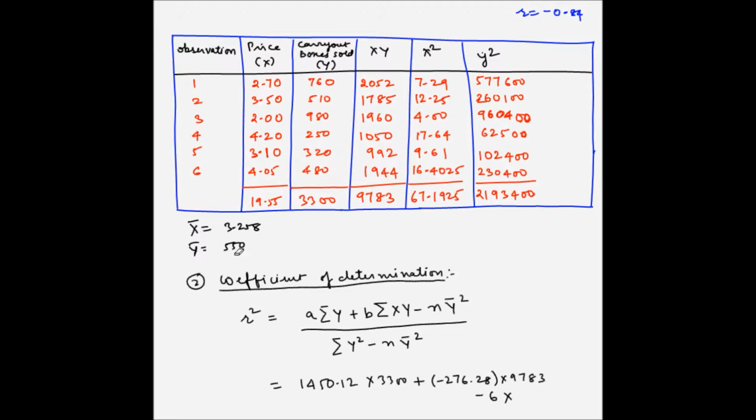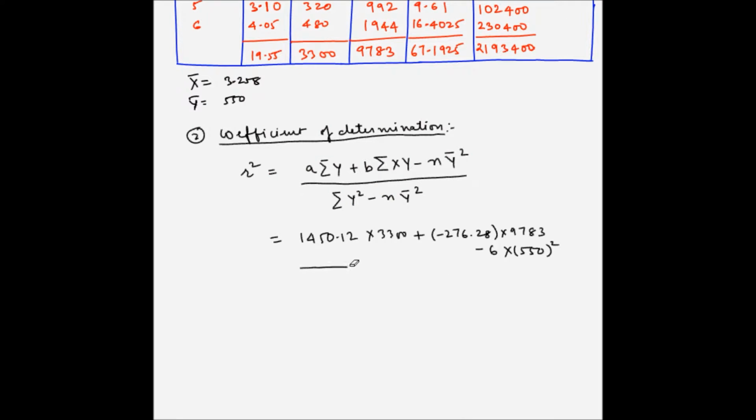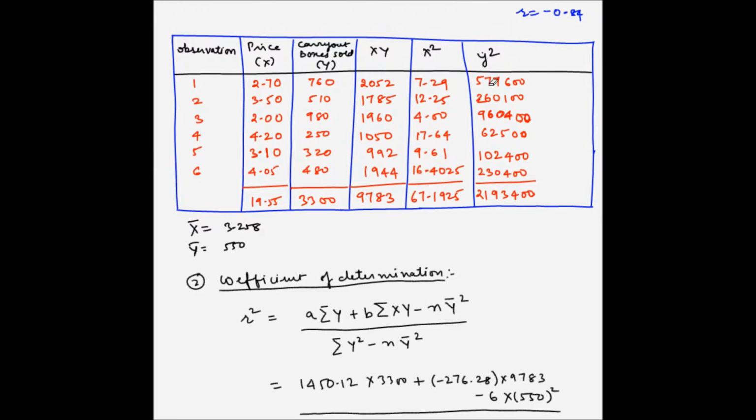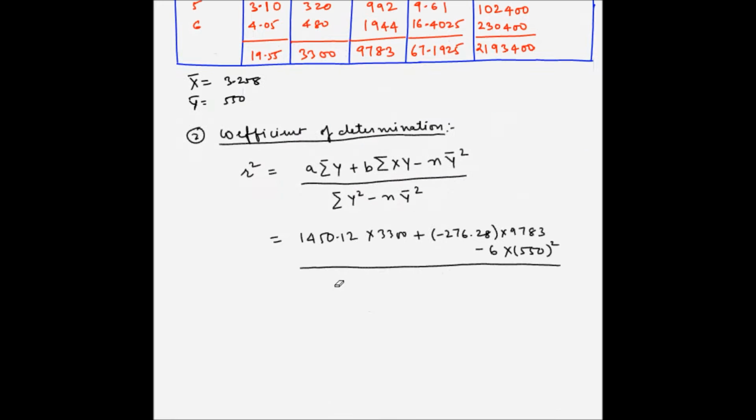Y bar is 550, so 550 square, and this divided by sigma y square. Now sigma y square is 2193400 minus n, which is 6, multiplied by y bar square, which is 550 square.